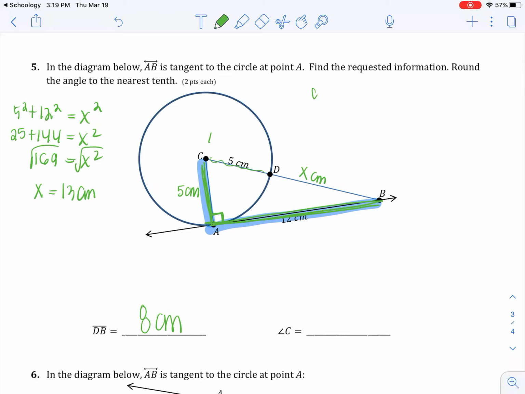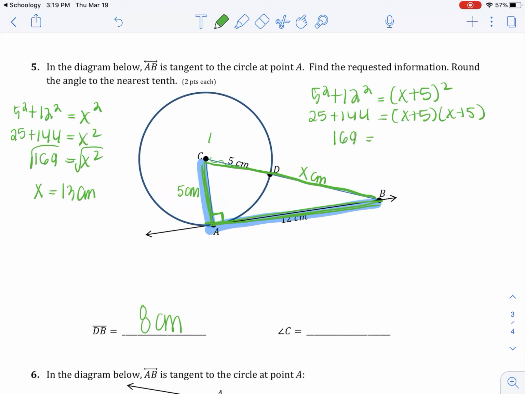All right, so just the math is 5 squared plus 12 squared equals, and then this, a few of you called x plus 5, which is not wrong. But then you made mistakes in your algebra. So this is 25 plus 144 equals x plus 5 times x plus 5.